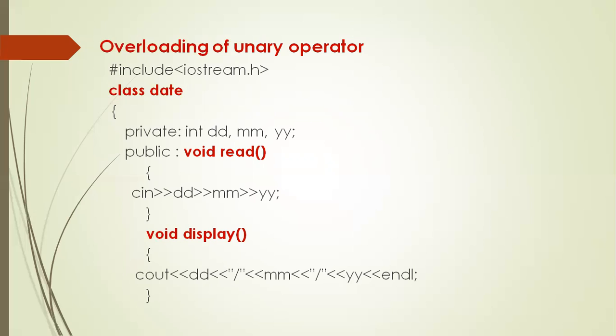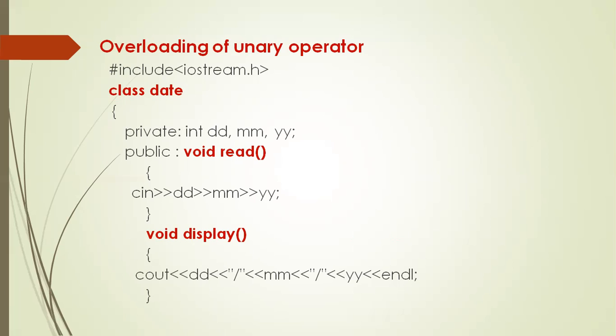In our last class itself, I explained that whenever you are overloading any operator in C++, you should write one operator function. The operator function can be either a member function or a friend function. The difference is, in case of a unary operator, if you write the operator function as a member operator function, then no argument is necessary.